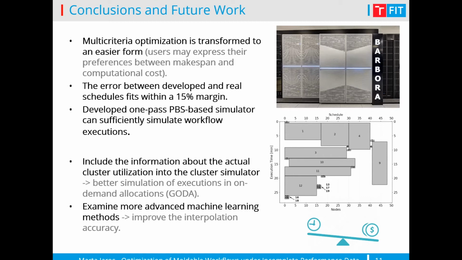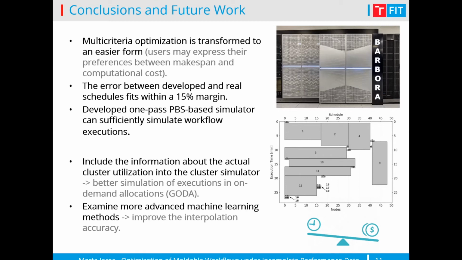In other words, users may express their preference between the minimal makespan and minimal computational cost. The error between developed and real schedules fits within a 15% margin. And the developed one-pass PBS-based simulator can sufficiently simulate workflow executions.